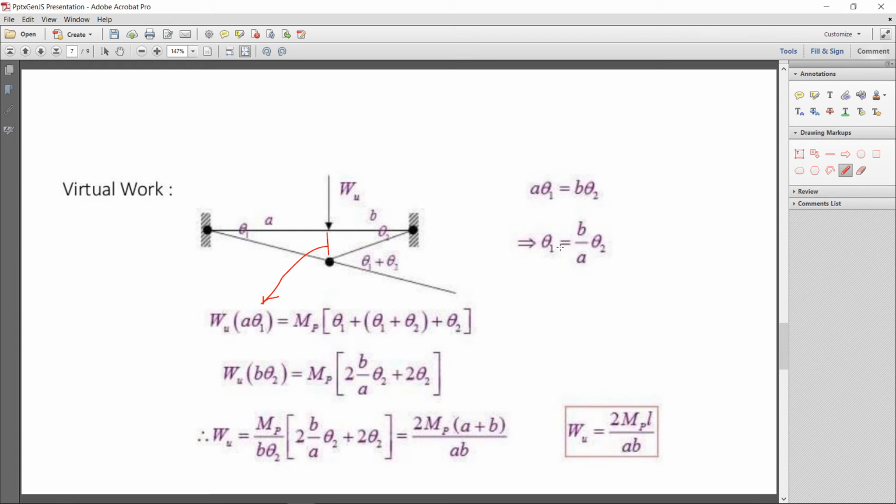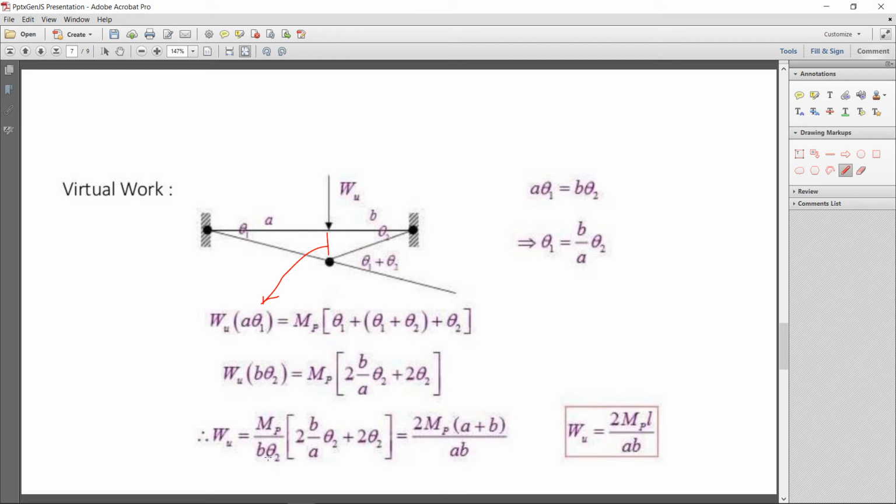Now put the theta 1 value in this equation. You will get 2b over a into theta 2. Then just simplify, take b over theta 2 on the other side.